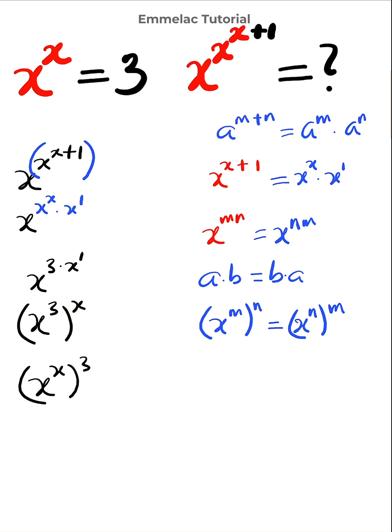So at this point, we can also replace our x raised to x for 3, which now gives us 3 all raised to what? 3, which is the same thing as saying 3 raised to 3, giving us 27 as the final answer.